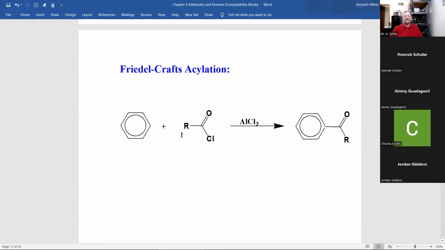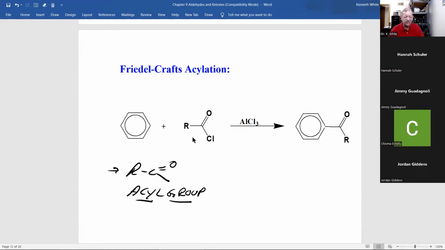And now a new reaction. And remember in test one, you learned Friedel-Crafts alkylation. The same two chemists also invented Friedel-Crafts acylation. Now, this will never be on a test.